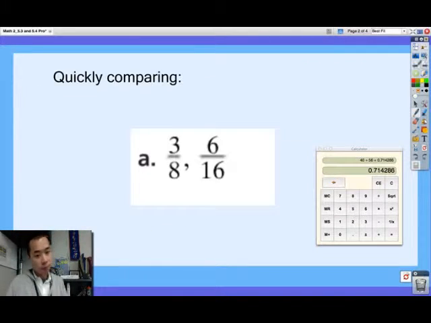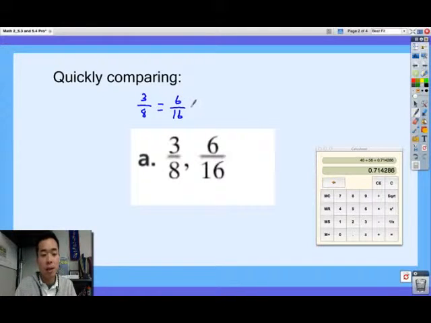Let's try another one. Quickly comparing 3/8 and 6/16. If I'm comparing them, I can say 3/8 should equal 6/16. I can quickly do this one without changing to decimals because I know that for 6/16, the greatest common factor between those is 2, so you can simplify that down to 3/8.